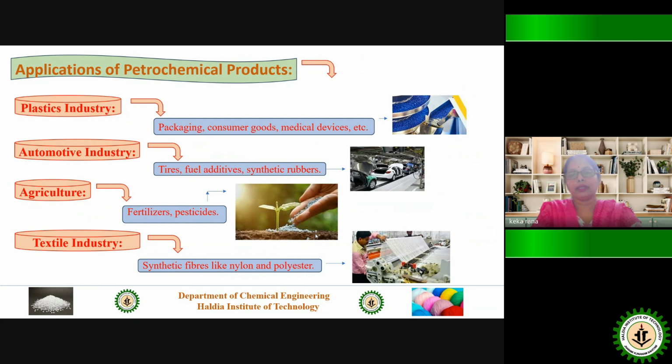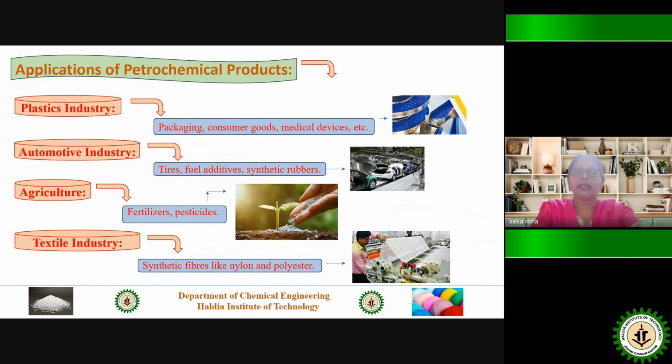Within synthetic rubber, the very familiar name is SBR, styrene butadiene rubber. Within this, the styrene is prepared separately, and then we prepare the butadiene, and then you prepare the SBR. So all are synthetic components prepared from the petrochemical industry.